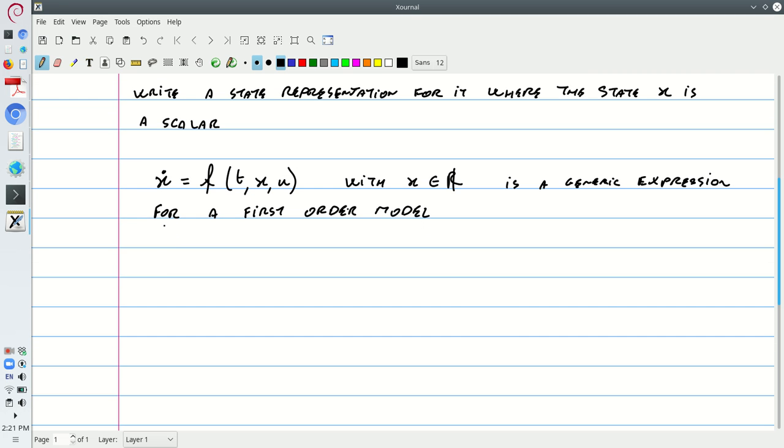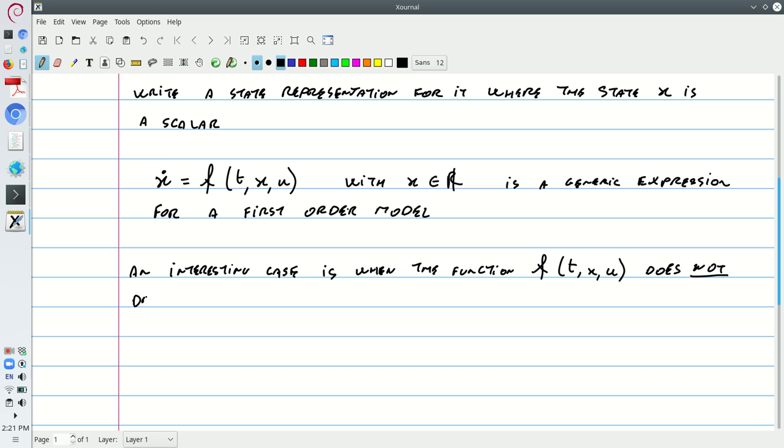An interesting case is when the function f of t, x and u does not depend on t and it is linear.